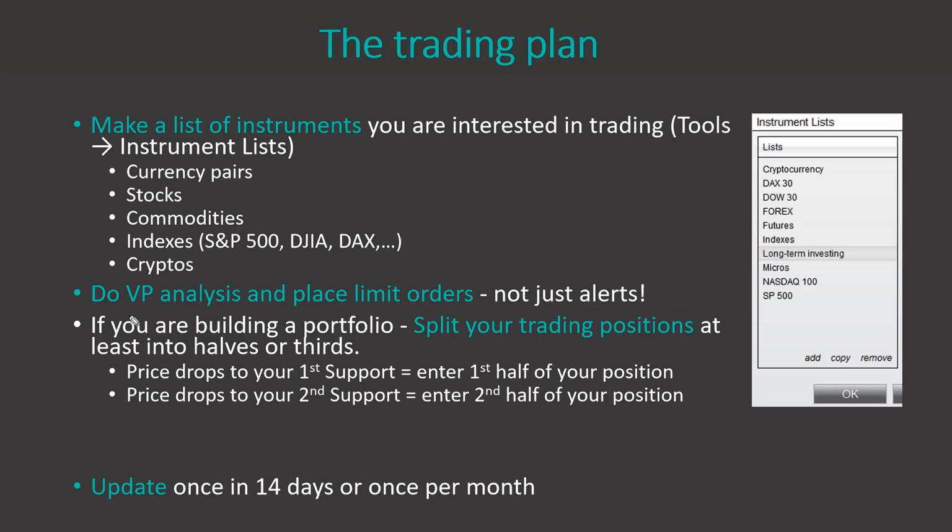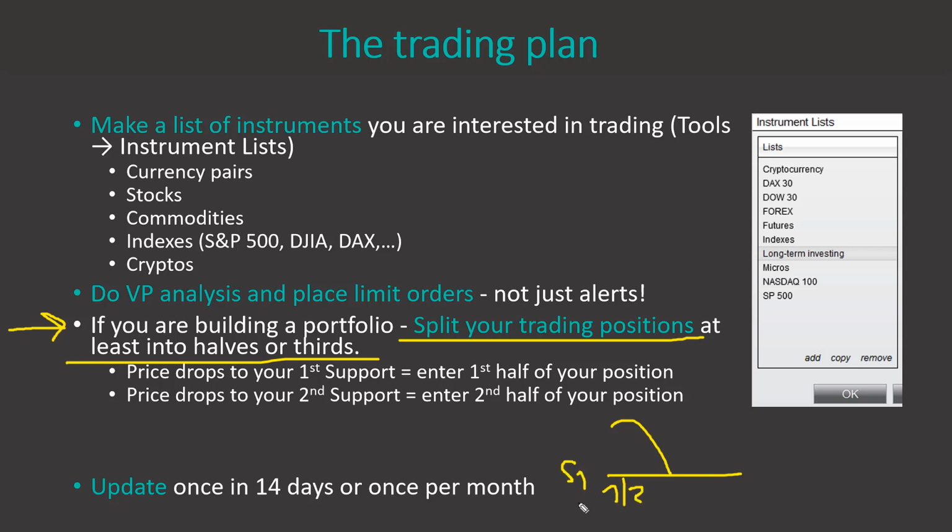Now, third step. Yeah, we already touched that. If you are building a portfolio, split your trading positions at least into halves or thirds. So if the price starts to drop towards your long level, like I showed you on those examples, you enter the first half at first support, and the second half at second support if you get the chance.